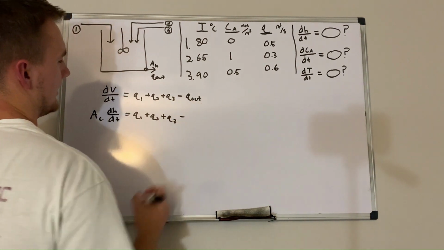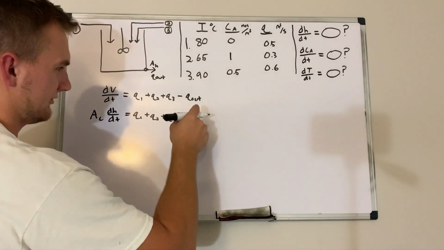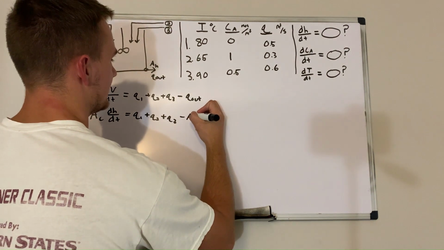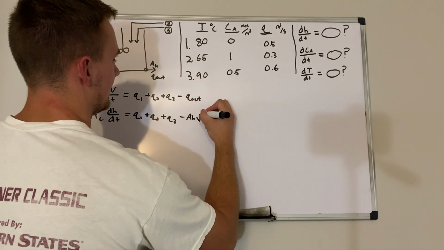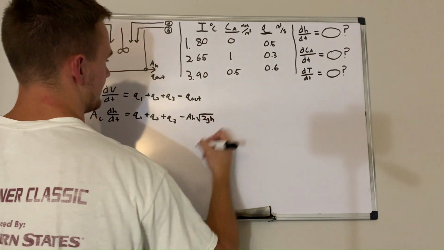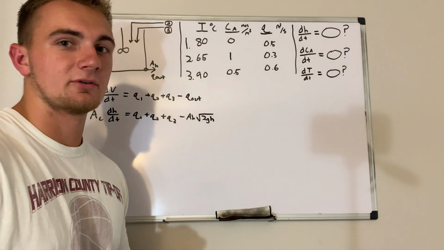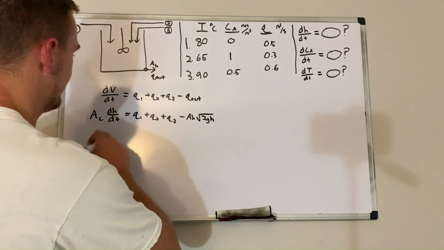And then this Q out here, we can write down a little bit further as the cross-sectional area of the hole, AH, times the square root of 2GH. To get our expression for the differential change in height, we'll just divide over AC.